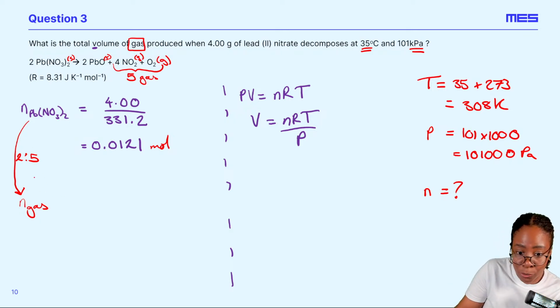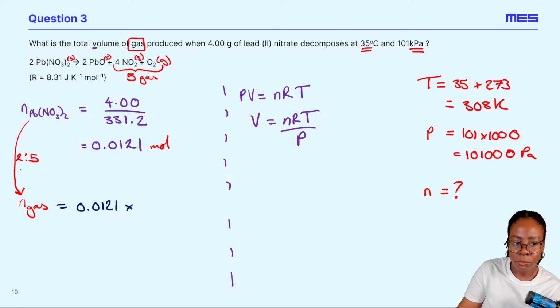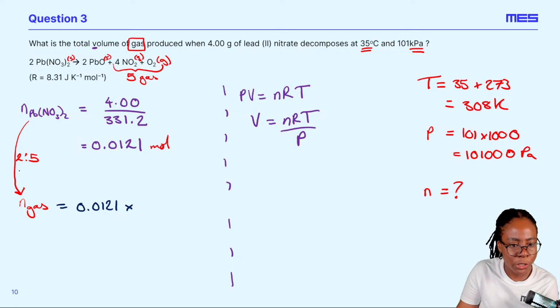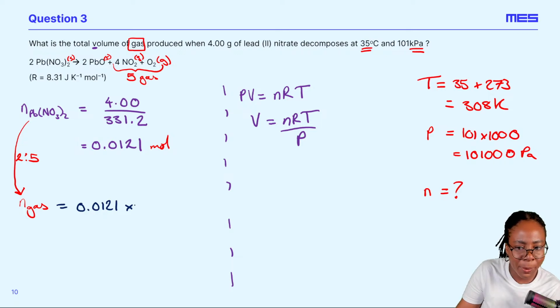And therefore, to convert our moles of lead-2 nitrate to our moles of gas using our molar ratio, we're going to take our moles of lead-2 nitrate and divide by 2 and then times by 5.